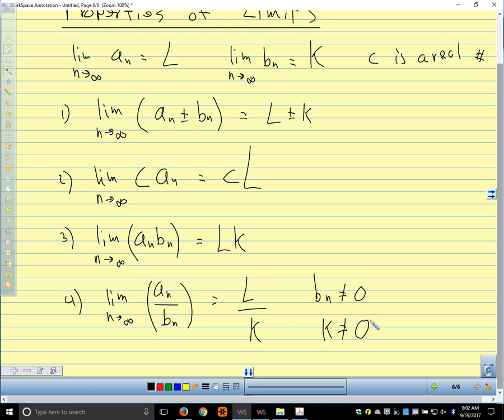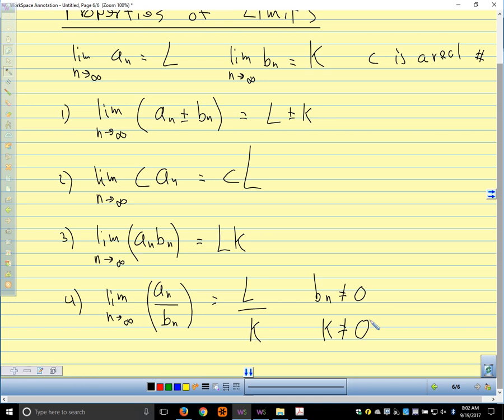So sometimes it's helpful to break apart a more complicated sequence into a sum or a difference or a product or a quotient and look at each piece separately. All right, questions?